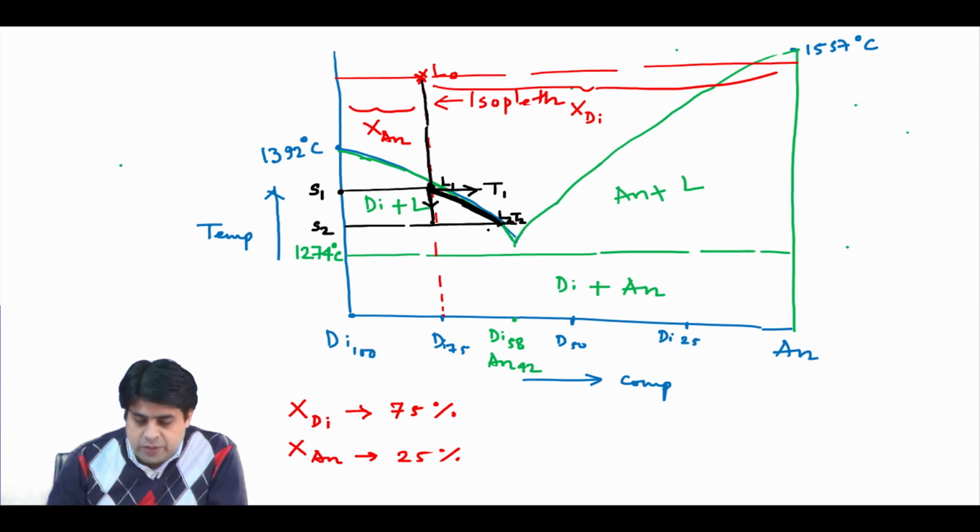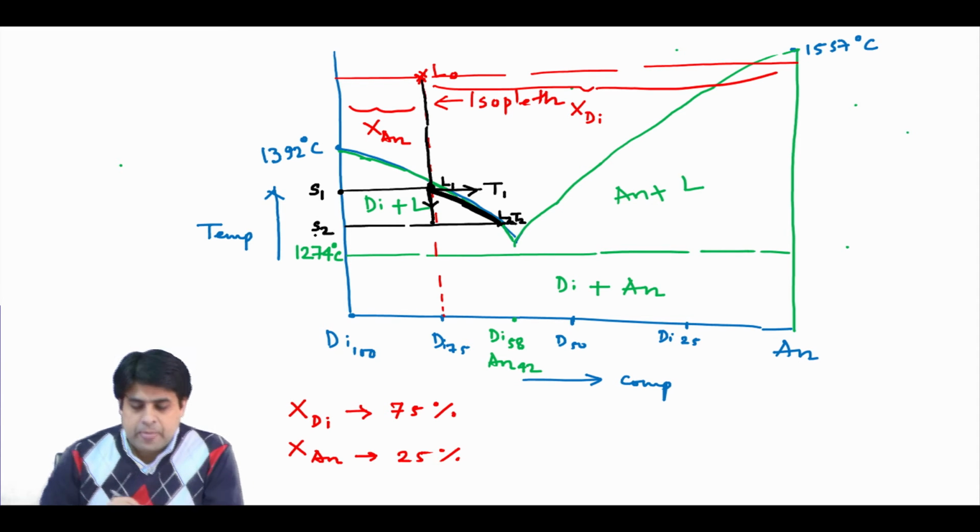So similarly you reach L2. When you go from L1 to L2, your solid is S1 and liquid is L1. When you reach the T2 temperature, your liquid composition changes to L2 and solid composition changes to S2.